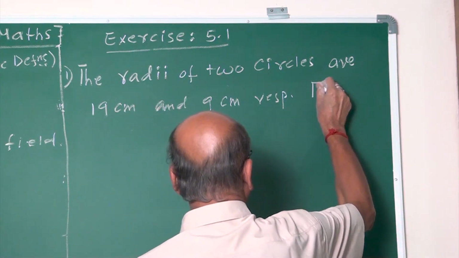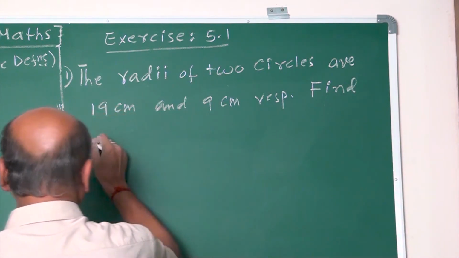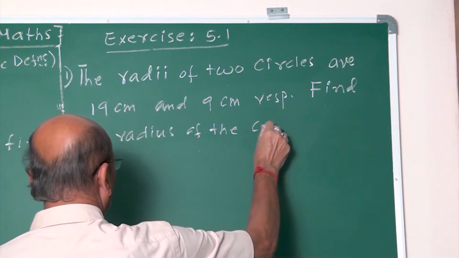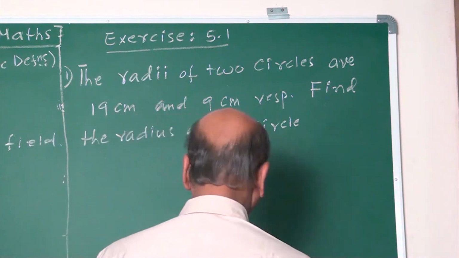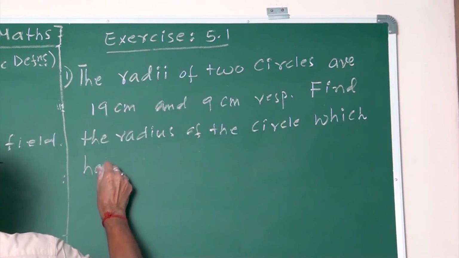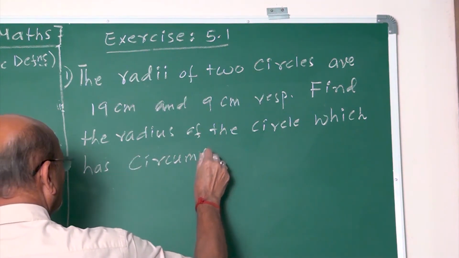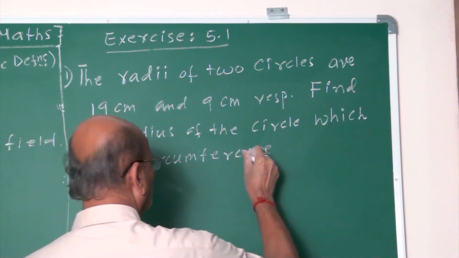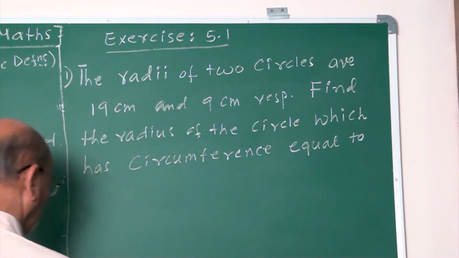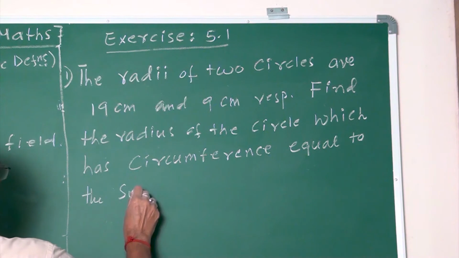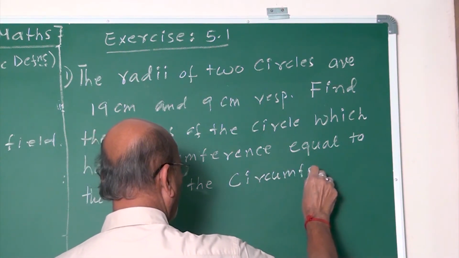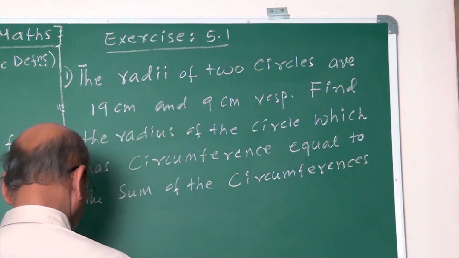Find the radius of the circle which has circumference equal to the sum of the circumferences of the 2 circles.